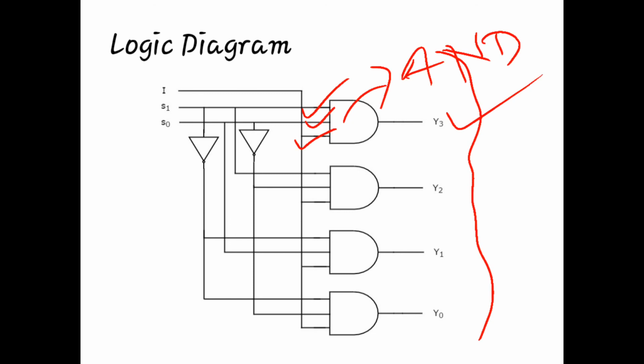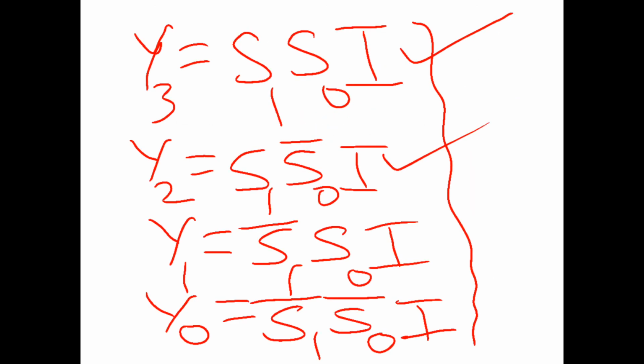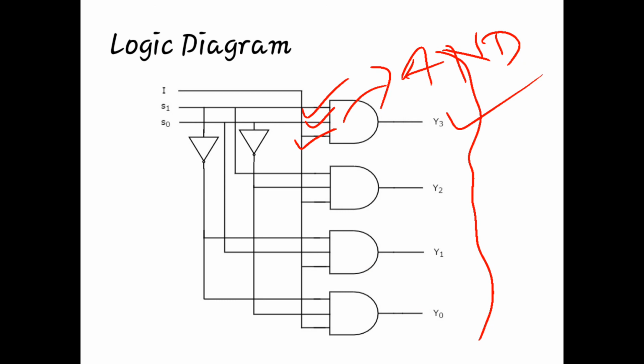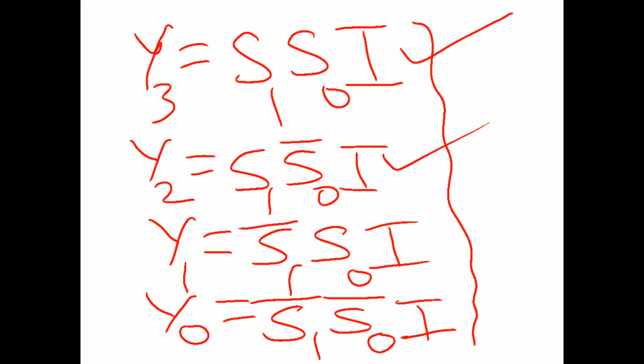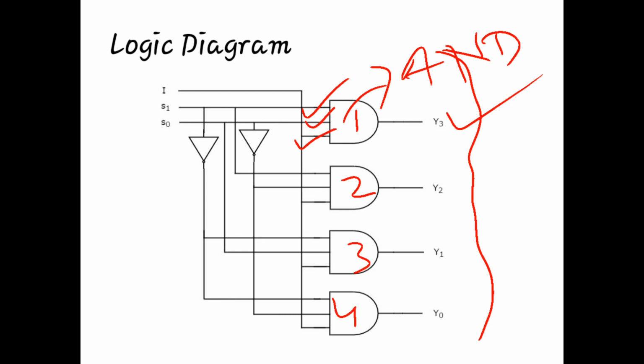So you can see the four expressions are there, and these four expressions are designed by using four AND gates. So if we talk about, let us say, Y0, let us see how Y0 is basically implemented with the help of these gates. So again, there will be three inputs.